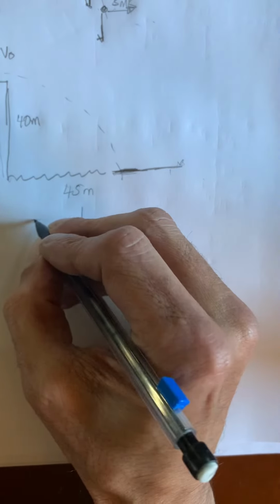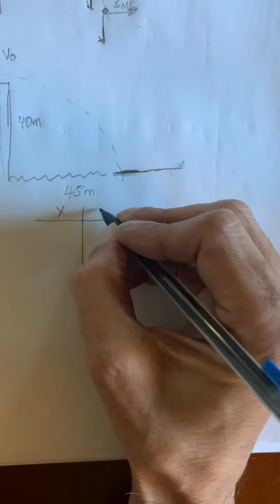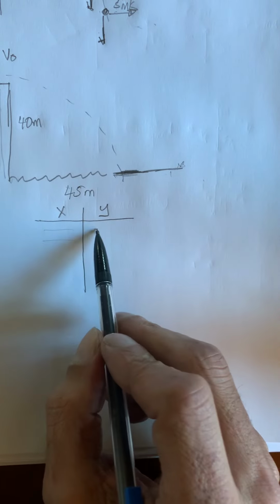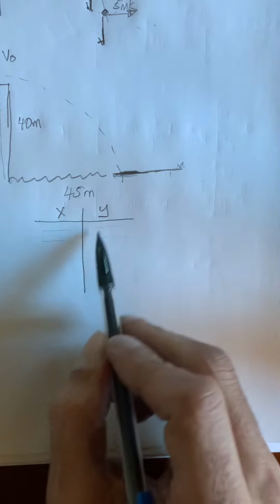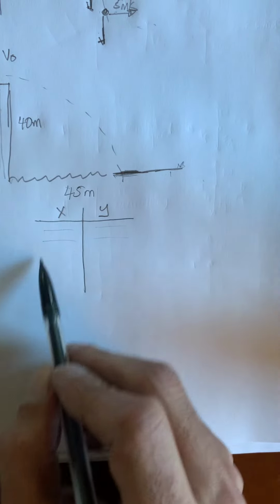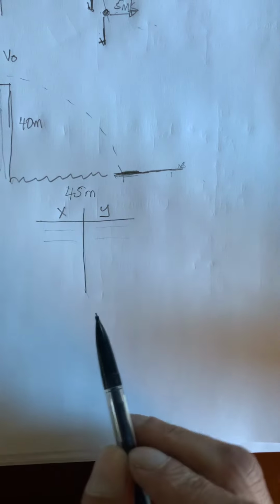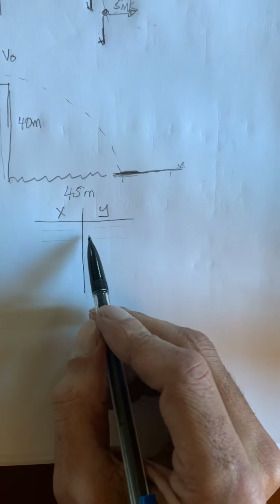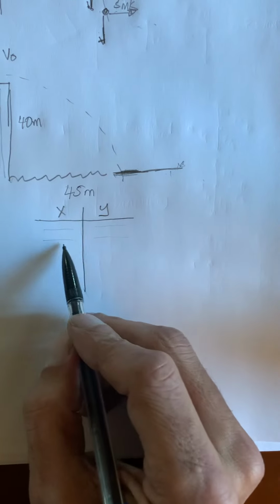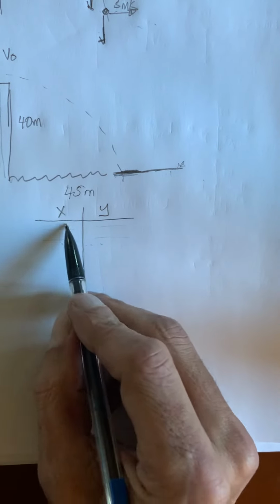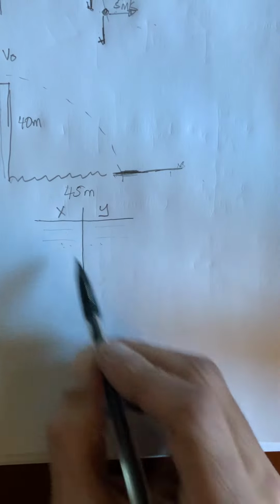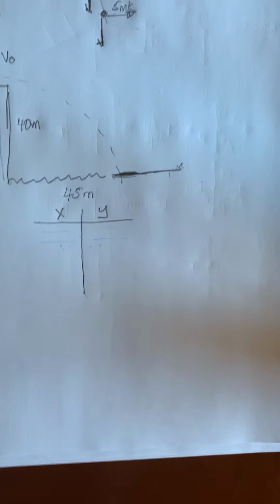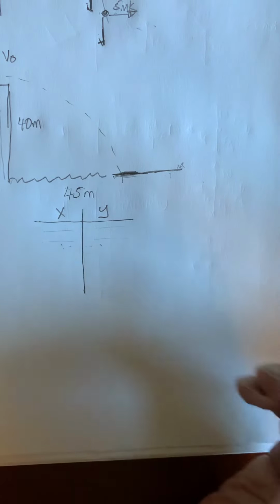This is the way I want you to start working on these questions: you separate them out. What happens in the x stays in the x. What happens in the y stays in the y. So all your y variables are here, all your x variables are here. You separate them out, except for time. Time is like a ninja, it can go through walls. So time can hop across, but the x and y coordinates, the dimensions of space, are kept separated. They're tied together by time.